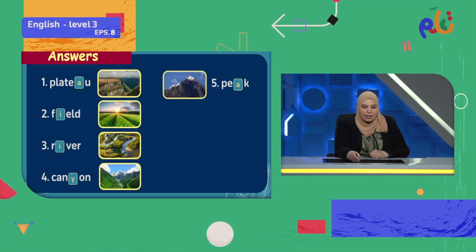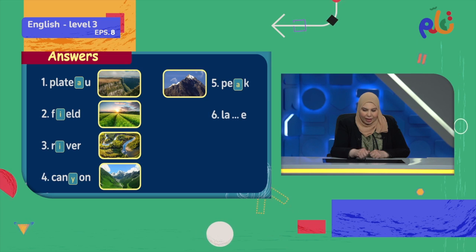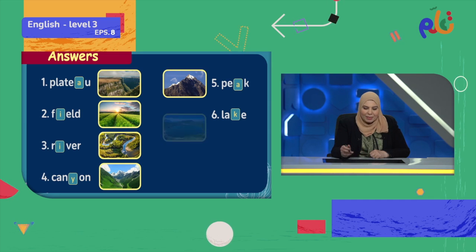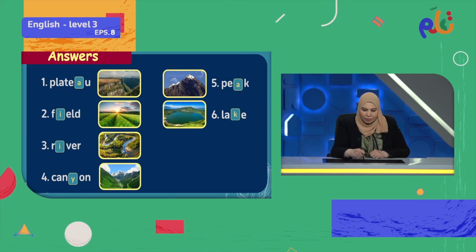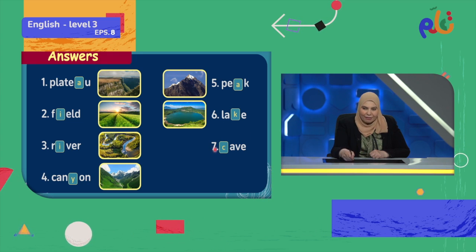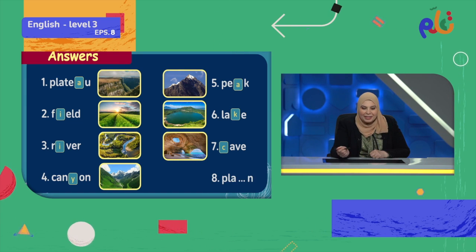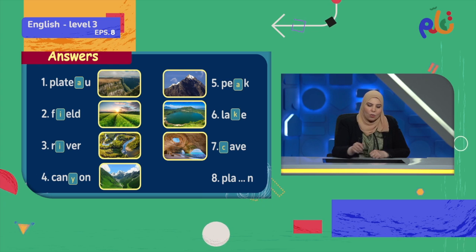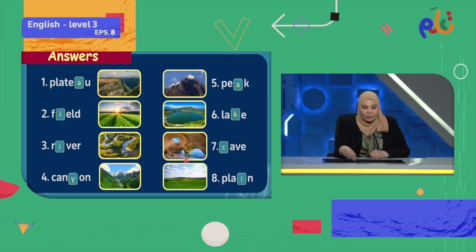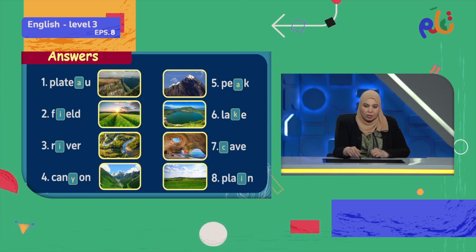So the top part of the mountain. And lake, it's missing a K. And we have cave, it's missing a C. And the last one is plain, which is same like field, but the only difference is no human interference, or humans are not doing this.